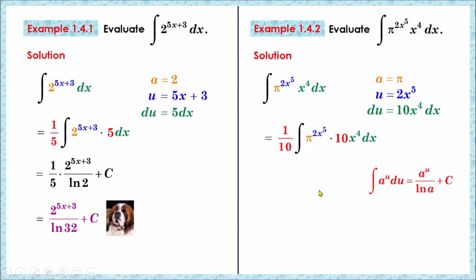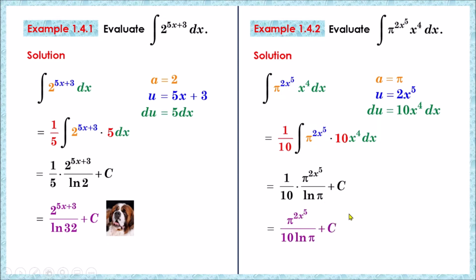Hence, we have 1 over 10 integral of pi raised to 2x to the 5th times 10x to the 4th dx is equal to 1 over 10 times pi raised to 2x to the 5th over ln pi plus c, or pi raised to 2x to the fifth over 10 ln pi plus c.